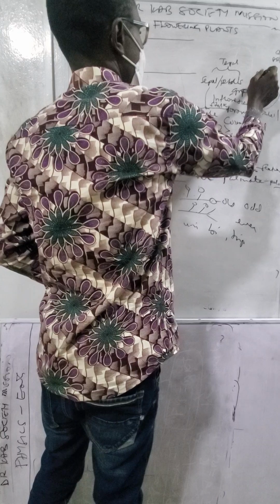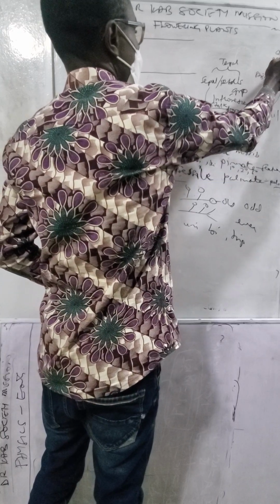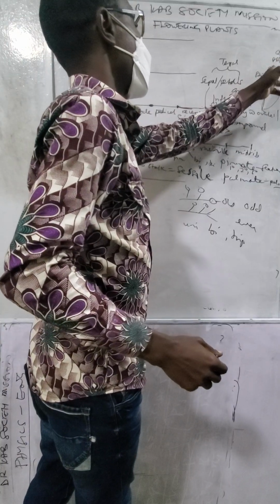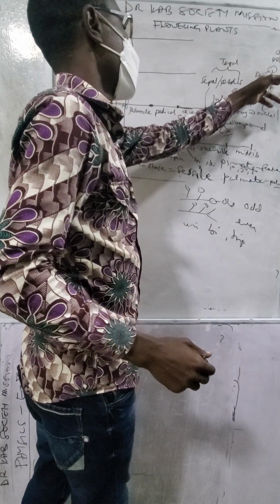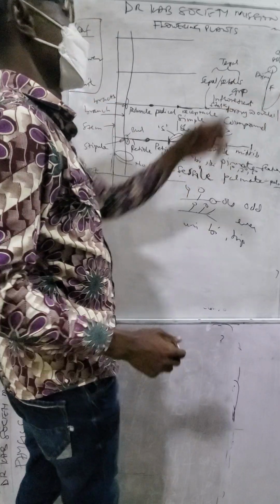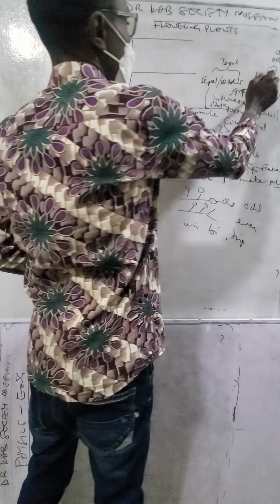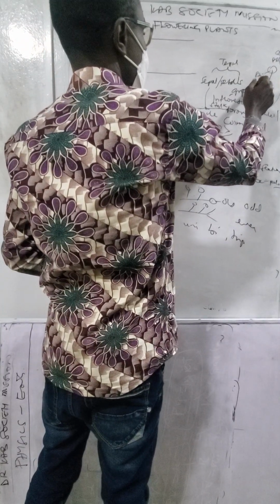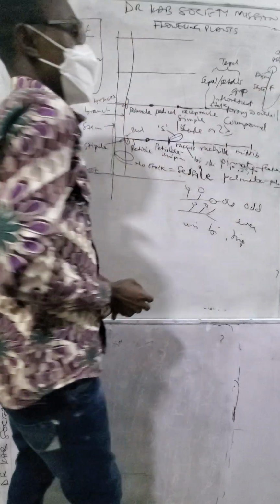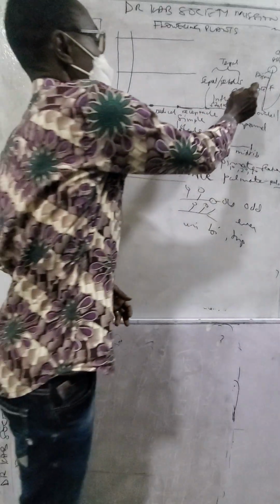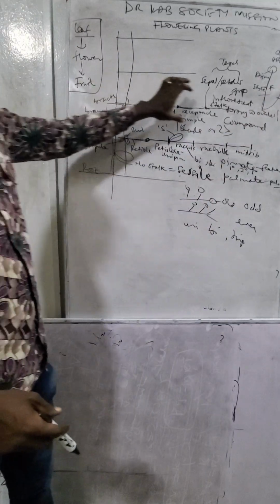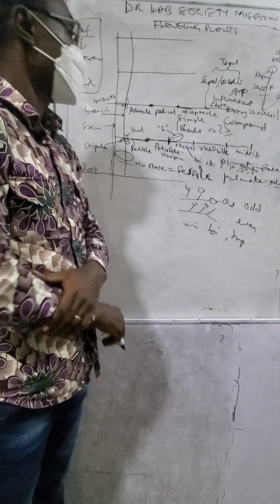It's sticky, so the pollen grains fall on the stigma, and then they go through the tube down to the ovules. This stalk is called the style. So we should know that this is the female part, this is the male part. Basically, this is how the flower is going to look.